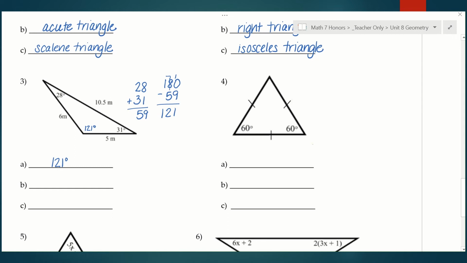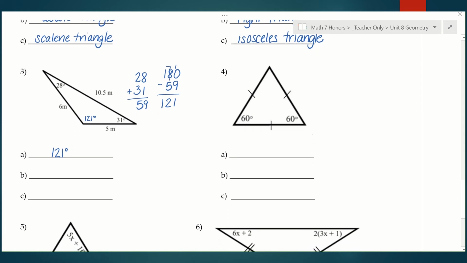Okay, so to classify it by its angles, because I see an obtuse angle there of 121 degrees, that means that this is an obtuse triangle. Looking at the side lengths, I can see that they are all different, 6, 5, 10.5 meters, and so that means that this triangle is scalene.